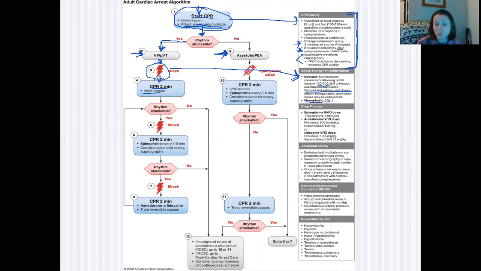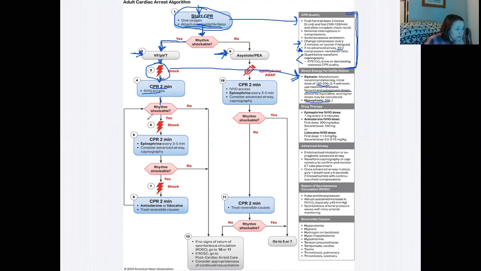We're going to get that going. So 2-minute CPR and then shock again if it is a shockable rhythm, but every time before we shock, we're always going to assess, is it a shockable rhythm? So CPR, shock. CPR 2 minutes, shock if you can.